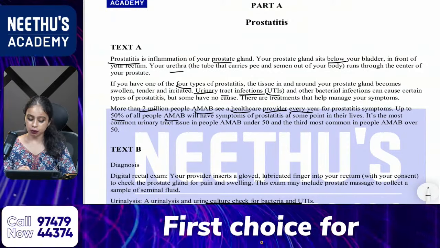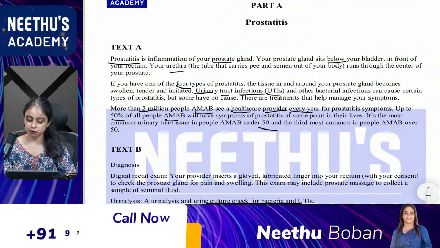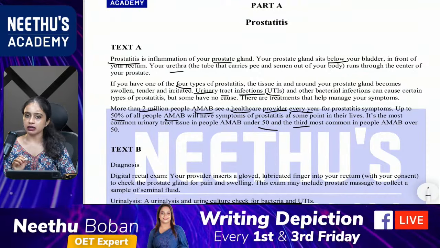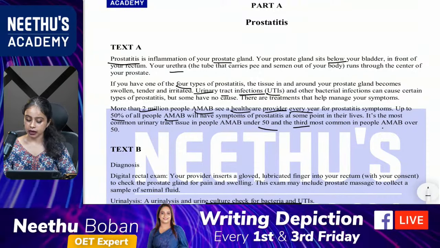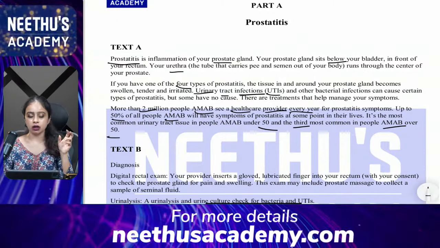It's the most common urinary tract issue in people AMAB under 50, so again I'm marking another number. And third, most common in people AMAB over 50. So these are my important keywords from text A.